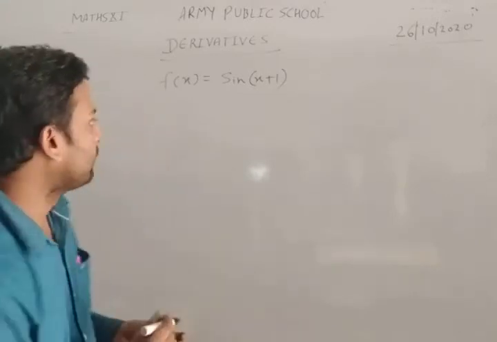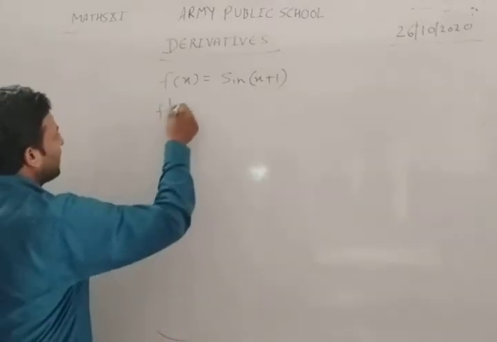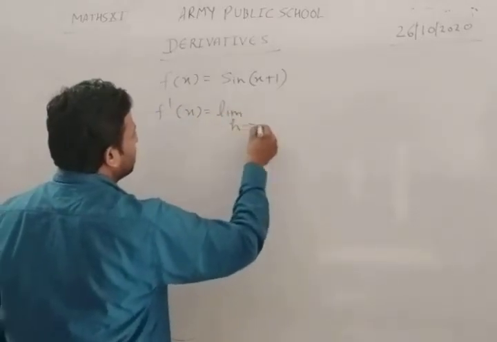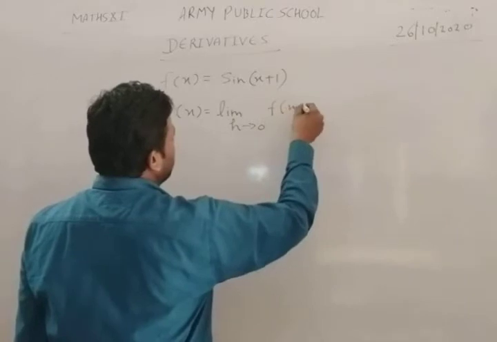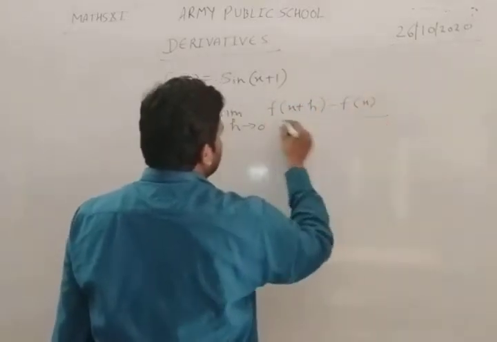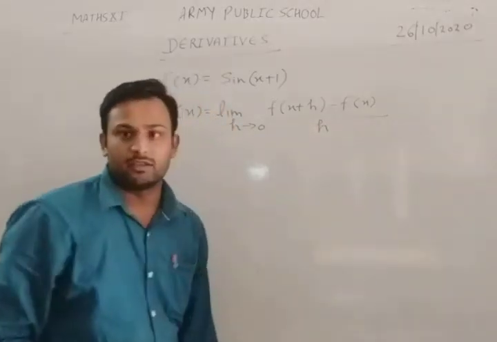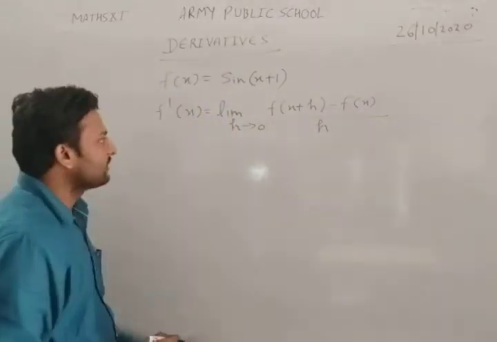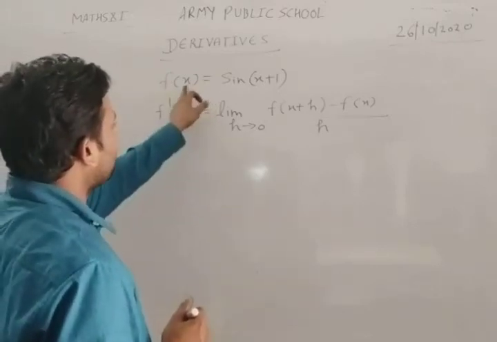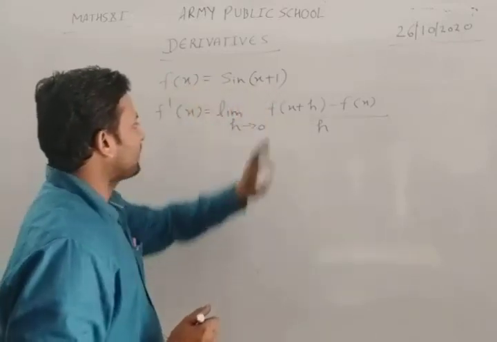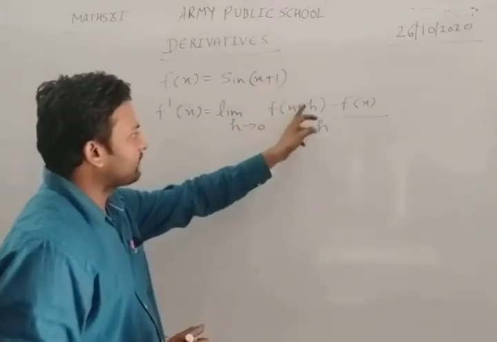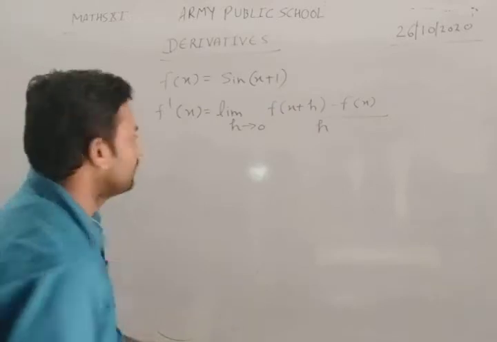We know the formula of first principle: f'(x) = limit h tends to 0 [f(x + h) - f(x)] divided by h. Now we know that our function f(x) is sin(x + 1). So what do we write here? In place of x, we write x + h + 1.